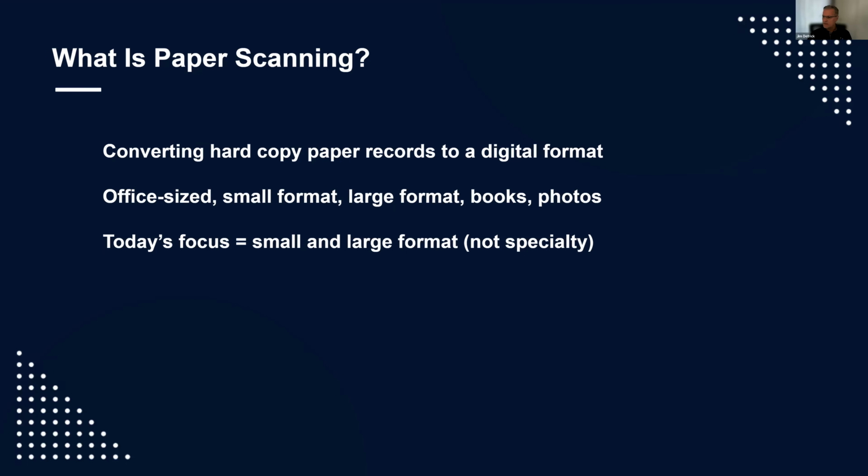That is its own specialty. Newsprint could go through an oversized high-speed scanner, but typically those are done using overhead. We're not talking about those today, but they are types of paper scanning. We're going to focus on the most common, which is bulk office-sized documents and plan sets.